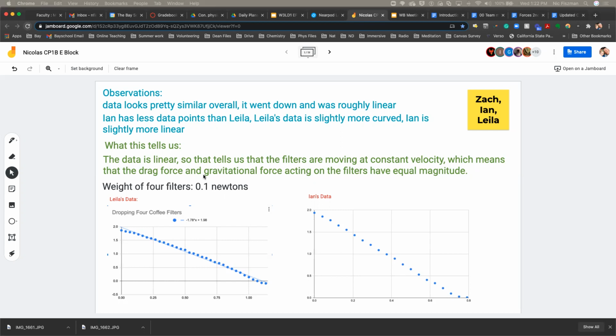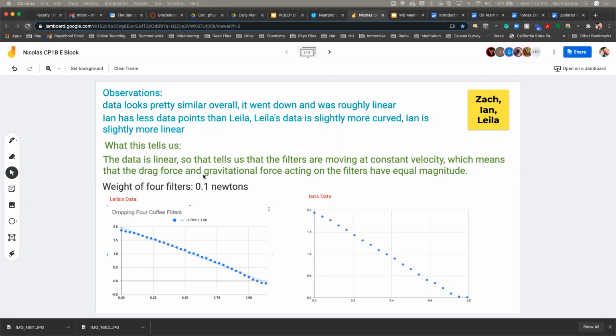Okay, so let's go. Room 1. That's Zach, Ian, and Layla. I guess I can start. For our observations, you can see 2 of our graphs down here. We thought that the data looks pretty similar overall.